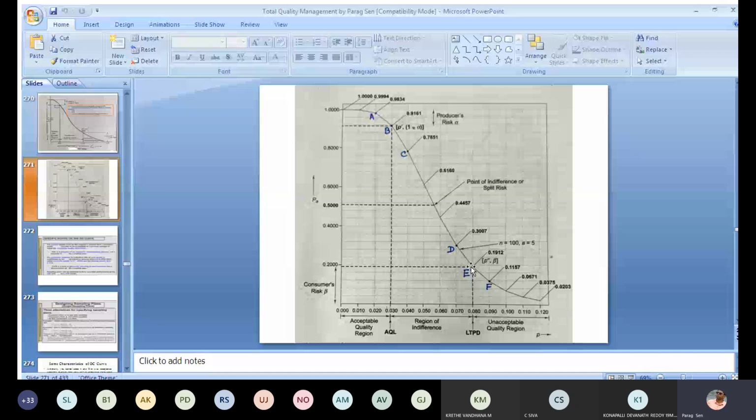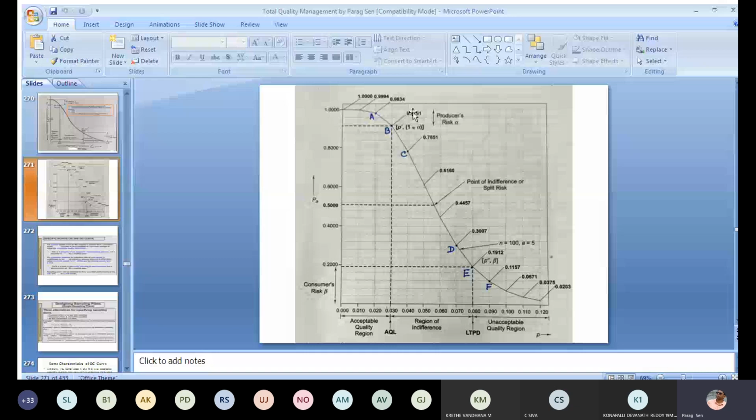Suppose they have mutually agreed that AQL we will decide at 3%, LTPD we will decide at 8%, the consumer's risk we will take as 0.1912, and the producer's risk almost 0.1.